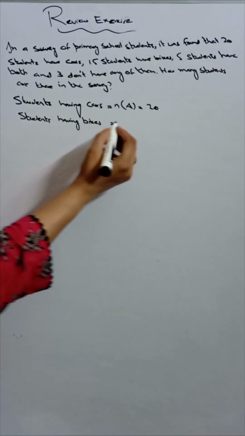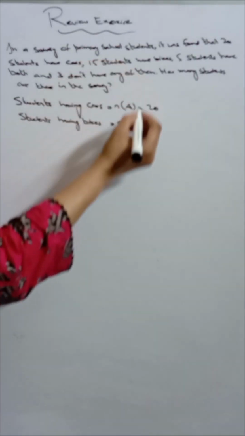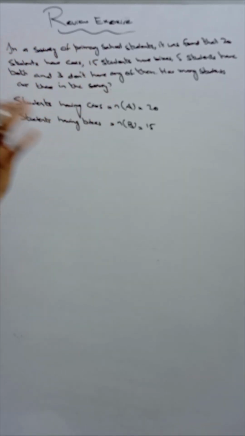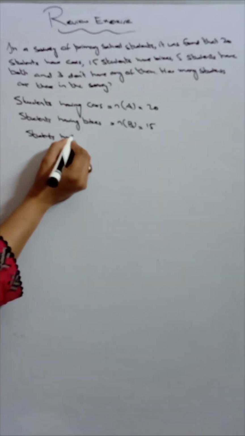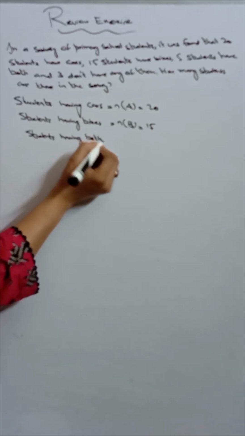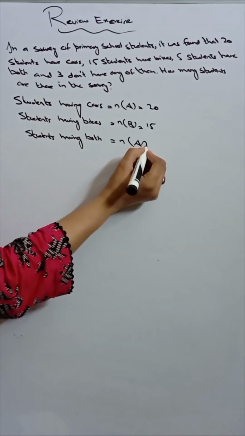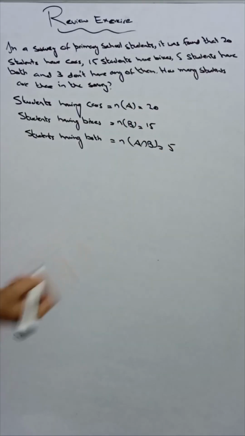I denote this by n(B) equals 15 students have bikes. All right. Now, next step is 5 students have both. Students having both, you can say that they have cars and they also have bikes. So you can say that n(A intersection B), they have both, that is 5.